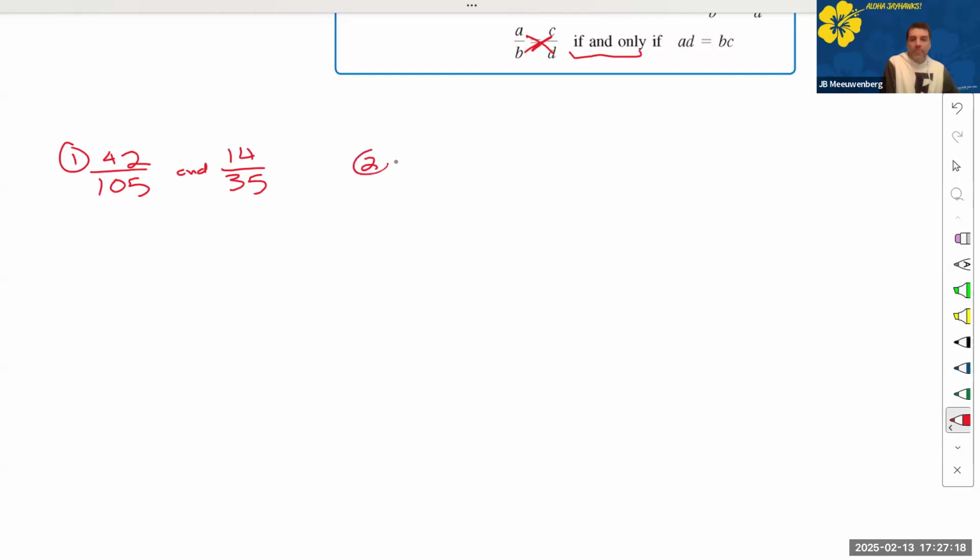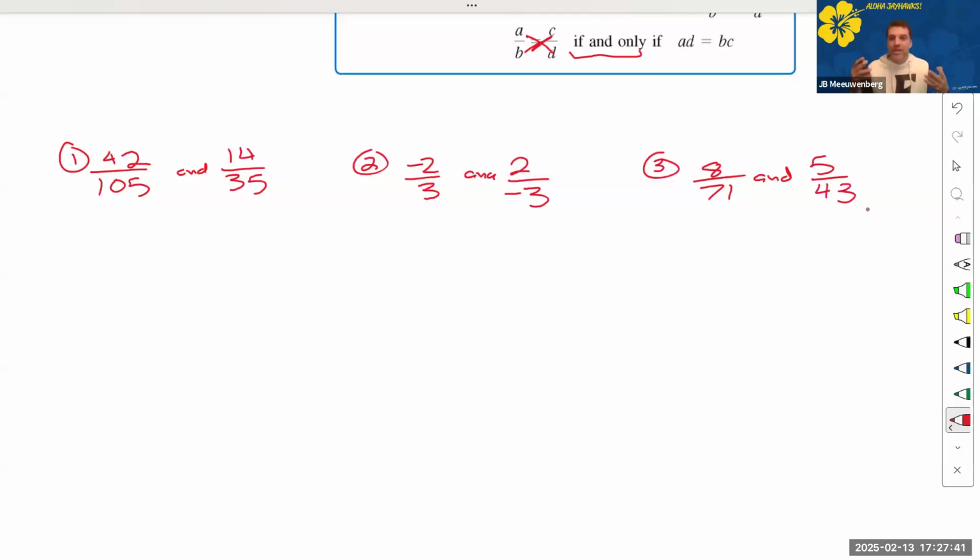The second one we will do is -2 over 3 and 2 over -3. And the third one we'll do is 8 over 71 and 5 over 43. Take a moment to examine the potential equality of those fractions.